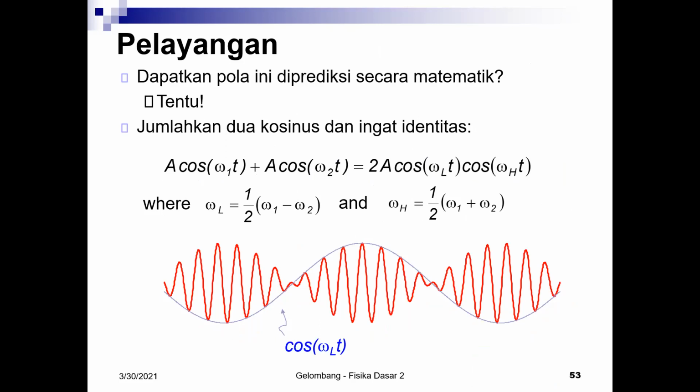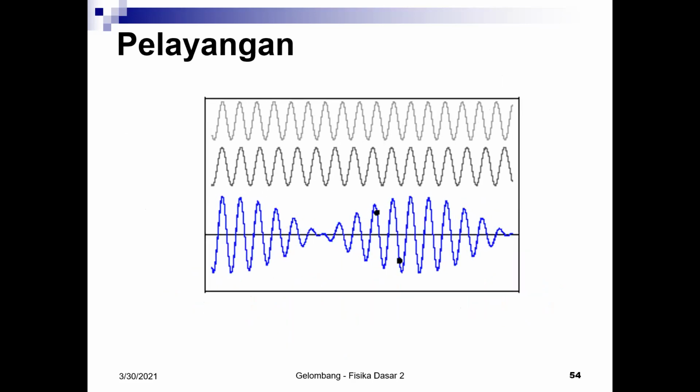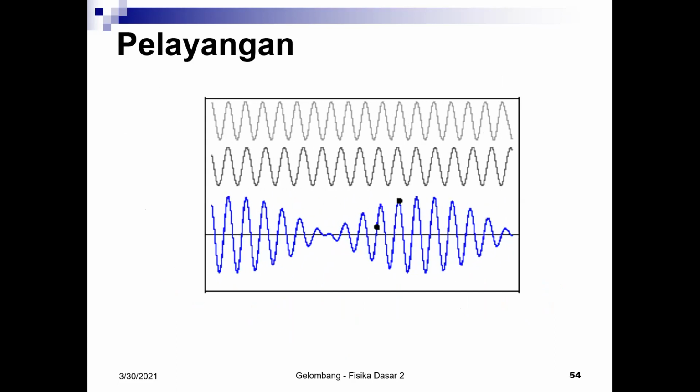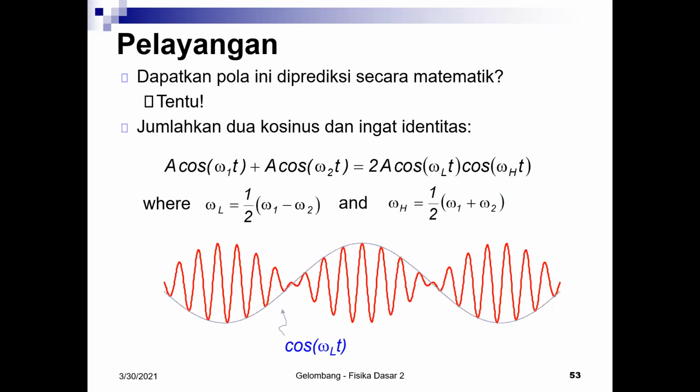So, because we have two angular velocities, from this superposition we will get this omega L, the low frequency, which is omega 1 minus omega 2, and this is omega H, the higher frequency. Yeah? This is omega 1 plus omega 2.